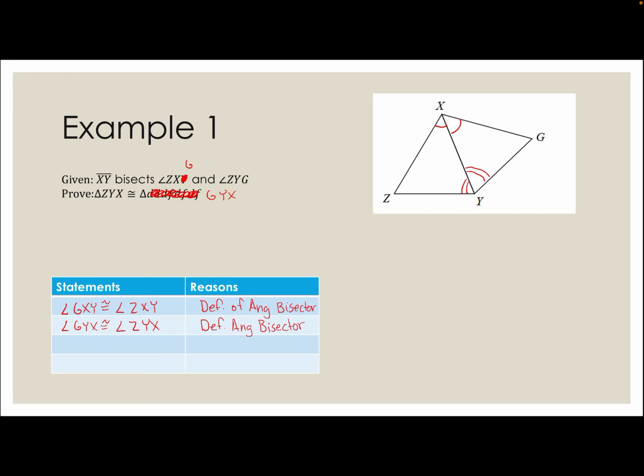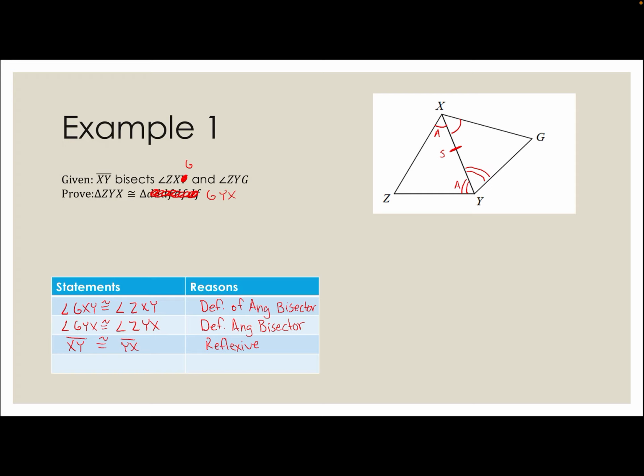So now we have an angle, and now we need to get that side between the two of them. Unfortunately, XY is going to be congruent to YX, and that's going to be because of the reflexive property. And so we're going to mark that side congruent to itself. So if we look at, for instance, triangle ZXY, we have an angle, we have a side, and we have an angle. And so that's going to make it angle side angle congruence.